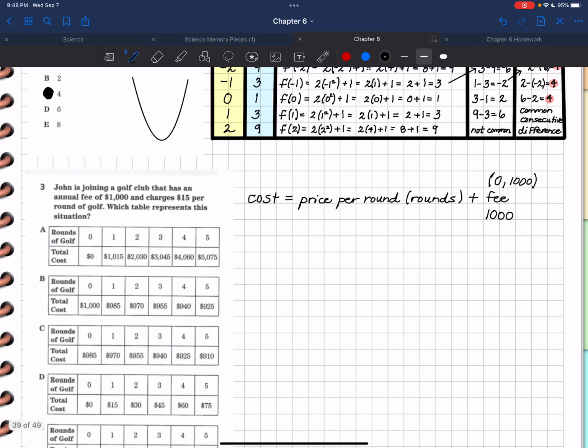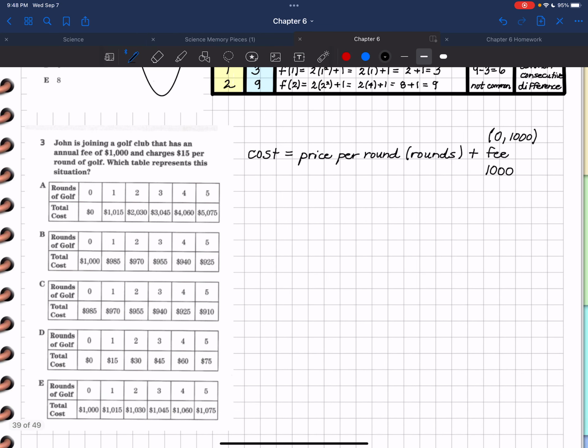And right there, I can tell you the answer almost. It has to be B or E. But let's work it the way we're supposed to. If I were on a test and I had to guess between B and E, I would look carefully at those, and then I would make my guess. All right, so Y is the cost.